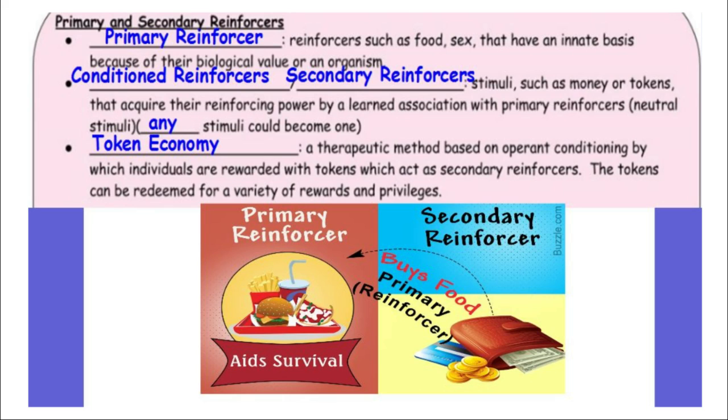Token economies, these are therapeutic methods based on operant conditioning by which individuals are rewarded with tokens, which act as secondary reinforcers to get people to kind of do things. The tokens can be redeemed for a variety of rewards and privileges. So if you were talking about a prison system, typically they do use token economies.